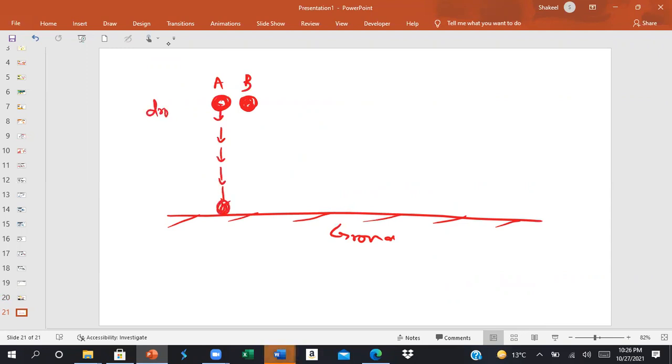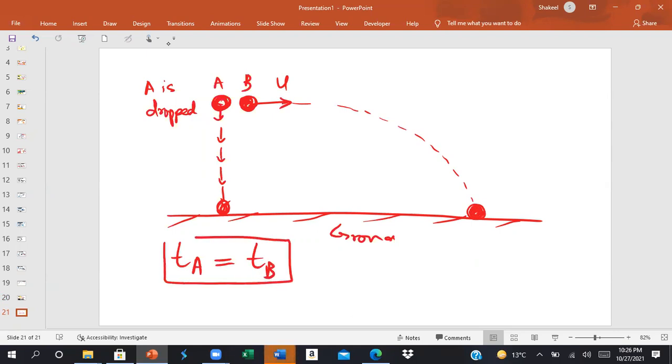A is dropped, right? And you throw B with some speed, so obviously B will take a projectile path to reach over here. So the time for A to reach ground and the time for B to reach ground will be exactly the same.